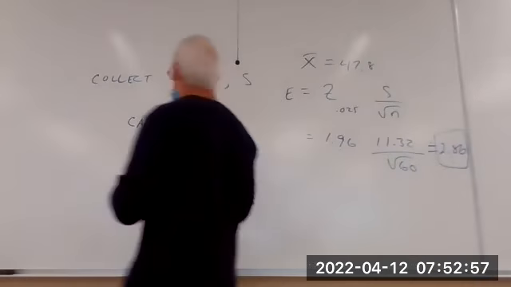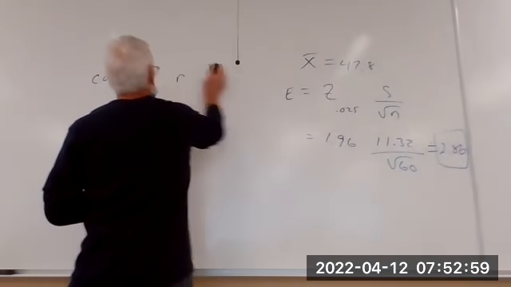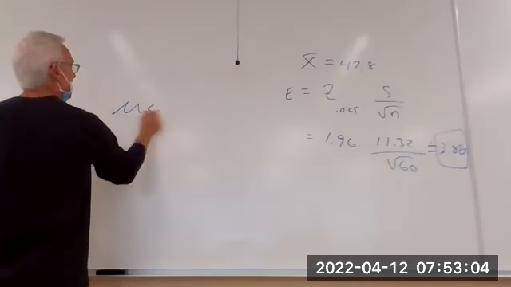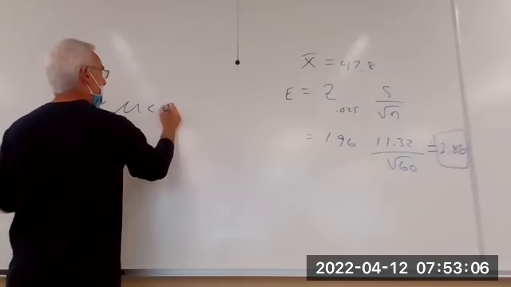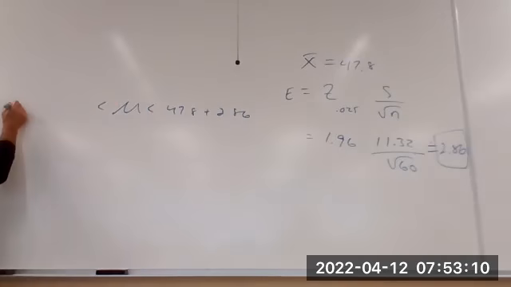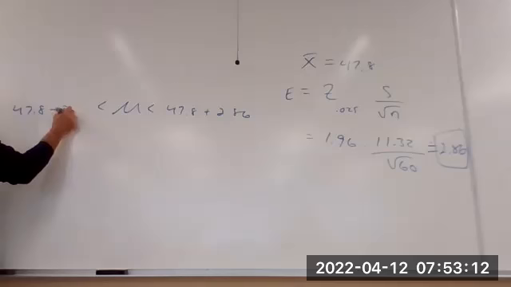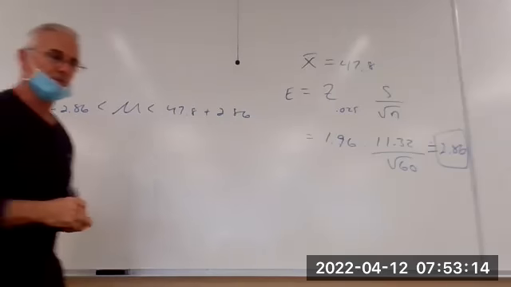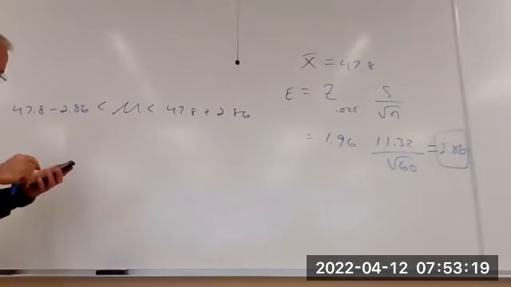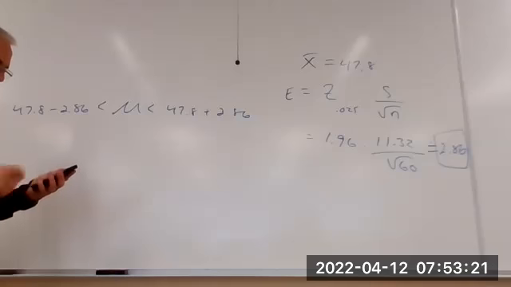So for this problem, for the numbers we're working with, we can say that the true mean is somewhere between 47.8 plus 2.86 and 47.8 minus 2.86. So let's calculate those. So what do we get here?